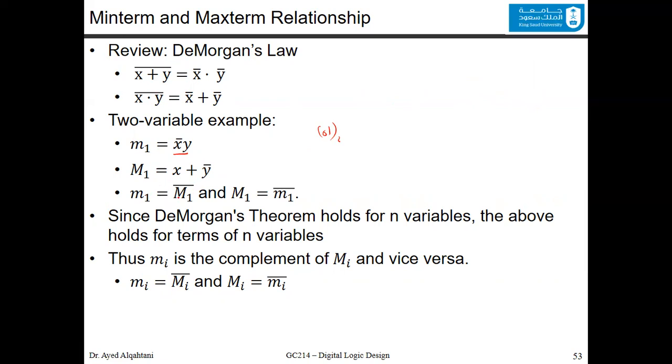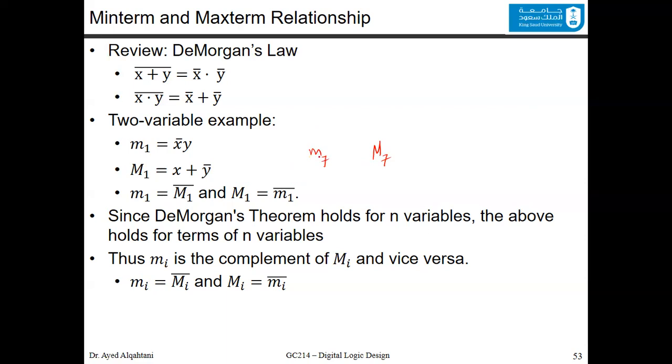You can also notice that the min term M1 is equal to the complement of the max term M capital 1, and also vice versa. And this is what we said before. If you have any min terms, for example, let's say M7, this is the min term M7.